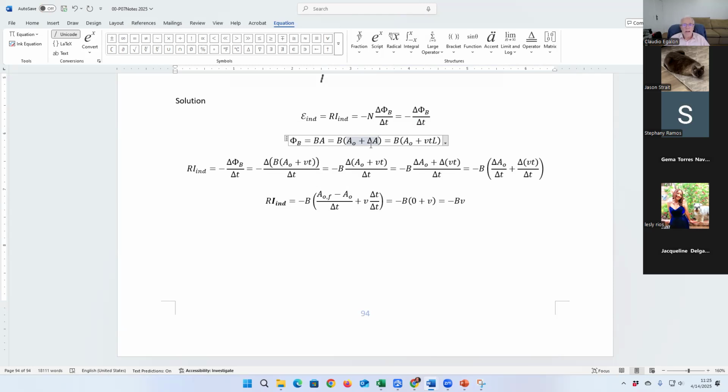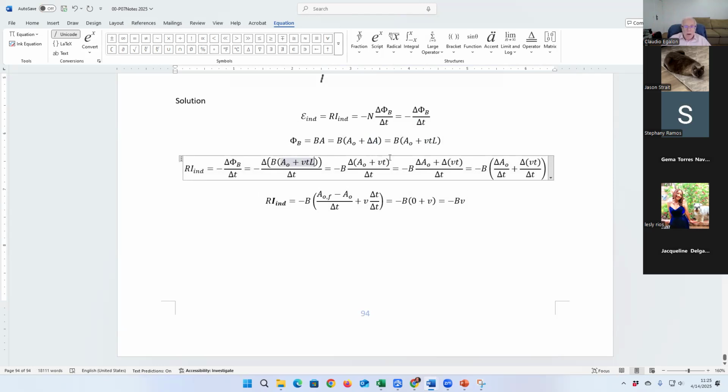And the delta area is going to be equal to the distance traveled by the bar times the width of the track, which is the distance L. So I gotta put L here.